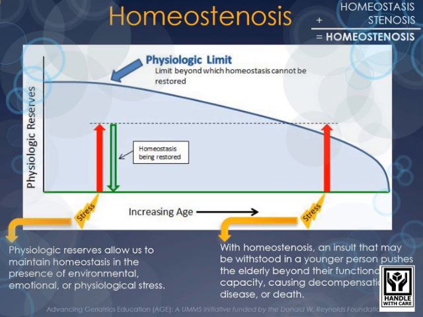It could be environmental, it could be an illness, it could be emotional, and so here you're requiring increased physiologic reserves. But you're not going over your limit, and you can easily restore yourself back to your baseline. As time goes on, however, that very same stress goes and puts you above your physiologic limit. When that happens, you get sick.